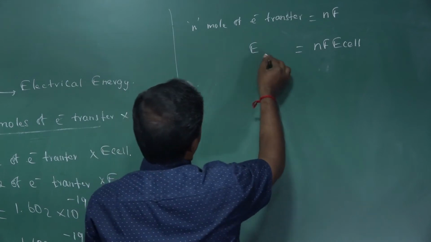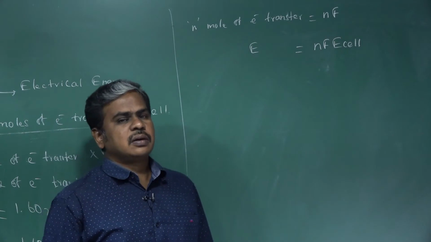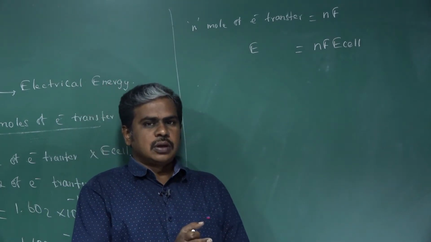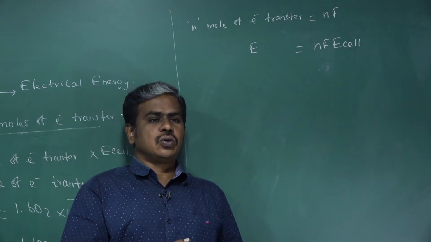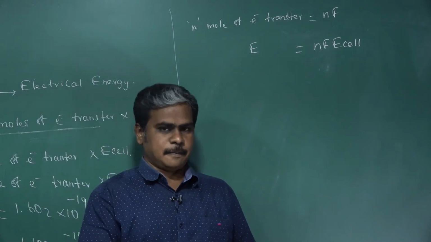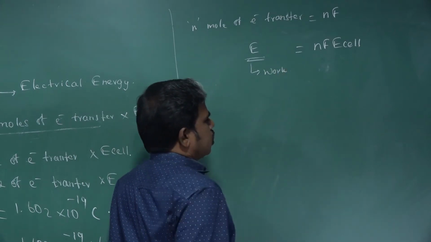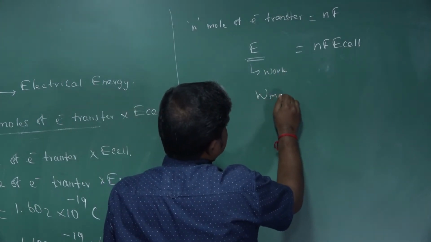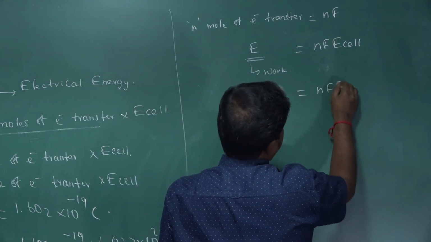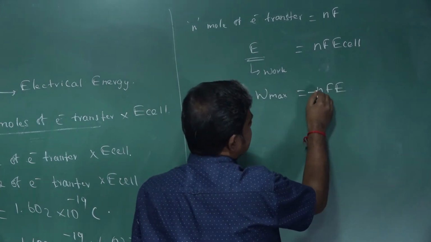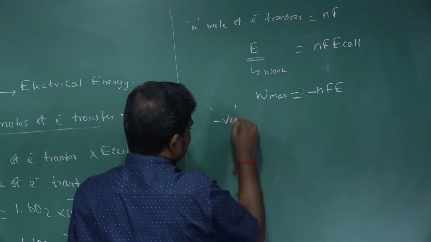Now the energy is transferred from anode to cathode, so we get electrical energy. Then the electrical energy is used to do work; it will be converted into work. So the maximum work obtainable from the galvanic cell is considered as nFE, and we take the negative sign.